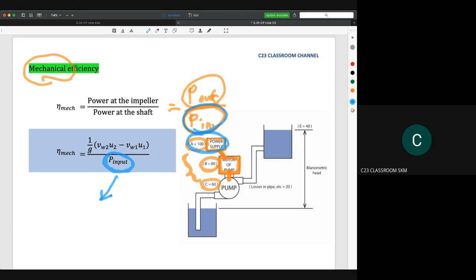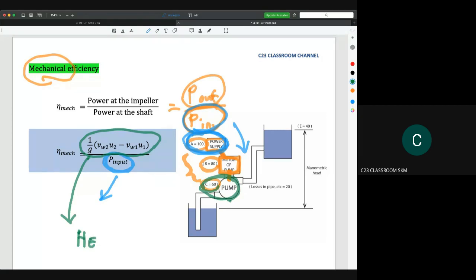And then if you see this flow, you will find that the power from the power supply here is the power input, and the power at the blade here will become the power output. That's why we write the power output here as 1 over g, (V_w2 U2 minus V_w1 U1). And if you remember, this equation is actually equal to Euler head.